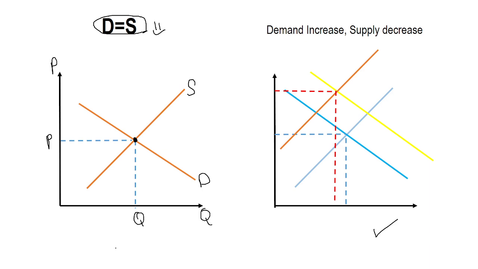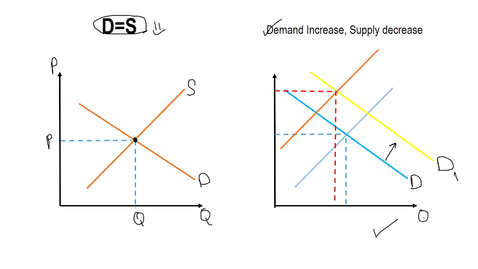Now we want to show an increase in demand and a decrease in supply. To show the increase in demand, we need to shift the original curve to the right. So the original demand curve shifts to the right, and we name it D1. It is very important to label or name the curves in the exam, so please pay special attention to it.